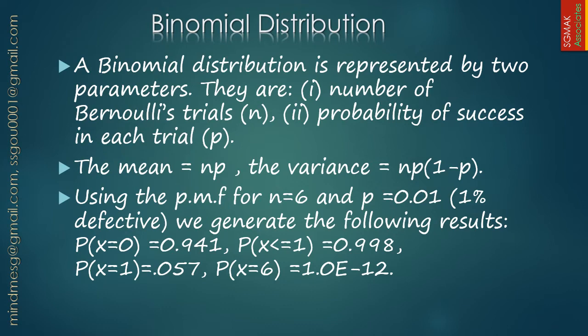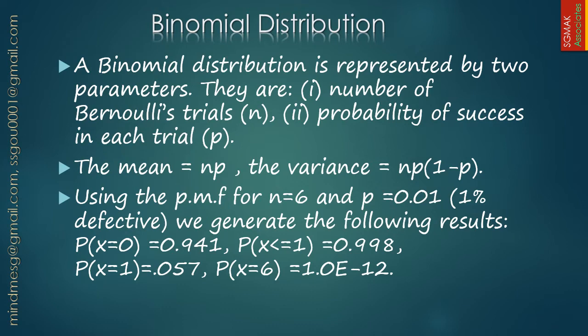So if I use the PMF, the probability mass function, for this particular problem n is 6. We have a sample of size 6, so inspecting the entire sample means carrying out 6 independent Bernoulli trials, and p is 0.01, 1% defective. So you get the following results.